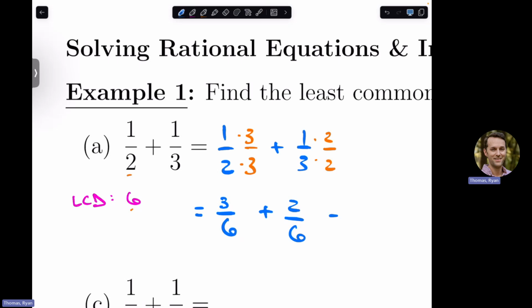The denominator tells you what kind of thing it is. Once we get them to a common denominator, think of it this way. This is apples plus oranges, right? Which I can't really make sense of. When I get them into a common denominator, we've got them into the same units. So then we just add them together. 3 plus 2 is 5. And what kind of thing is it? I cut it into 6 pieces.